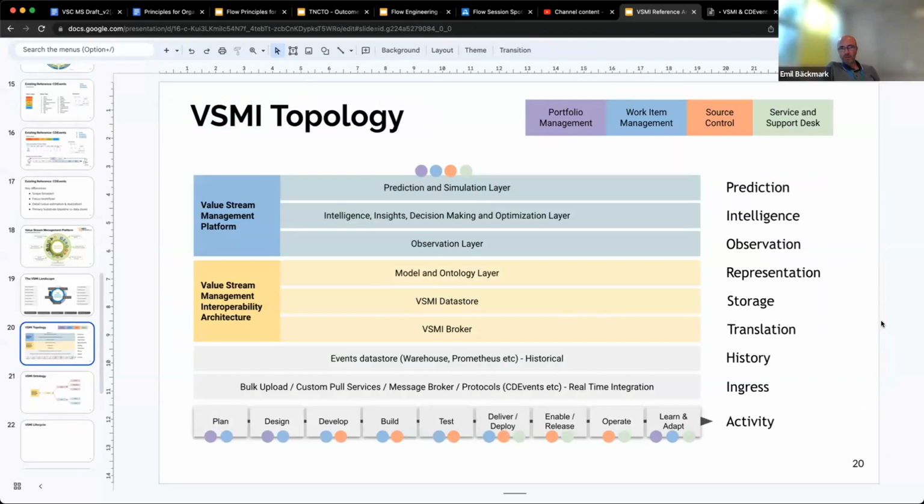Preferably stating what properties in the CDEvents themselves are relevant for the VSMI use case, VSM use case, whatever. And maybe what additional things that we don't have today are needed, eventually, to be able to provide even better benefits on the top layers. Yeah, I think that would be really valuable.